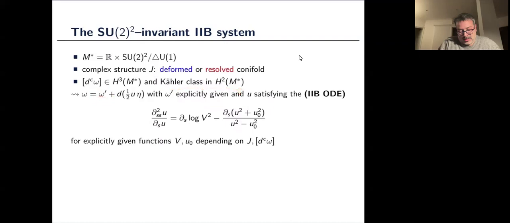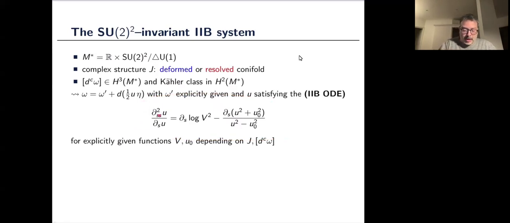Once you make this choice, the only free variable is a function that depends on the one variable R, and satisfying the 2B system reduces, as you can write it, to a single second order ODE for this function U.